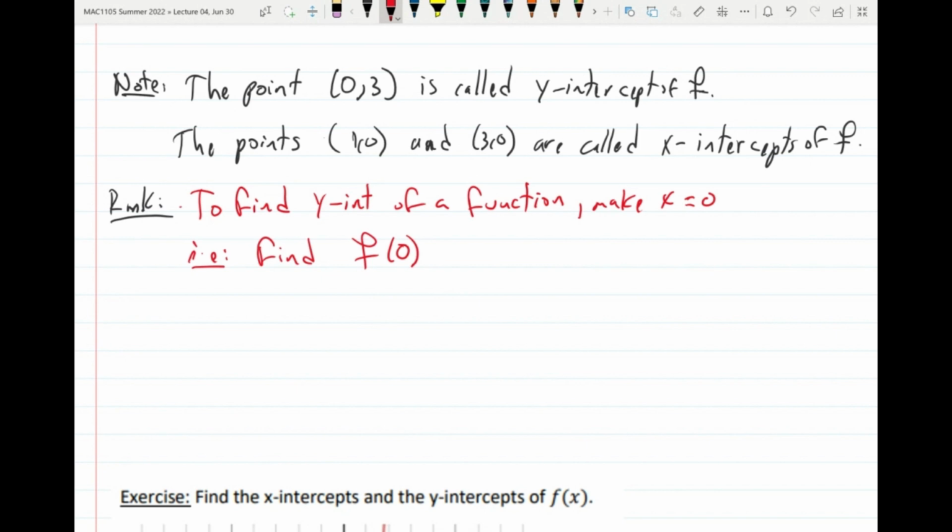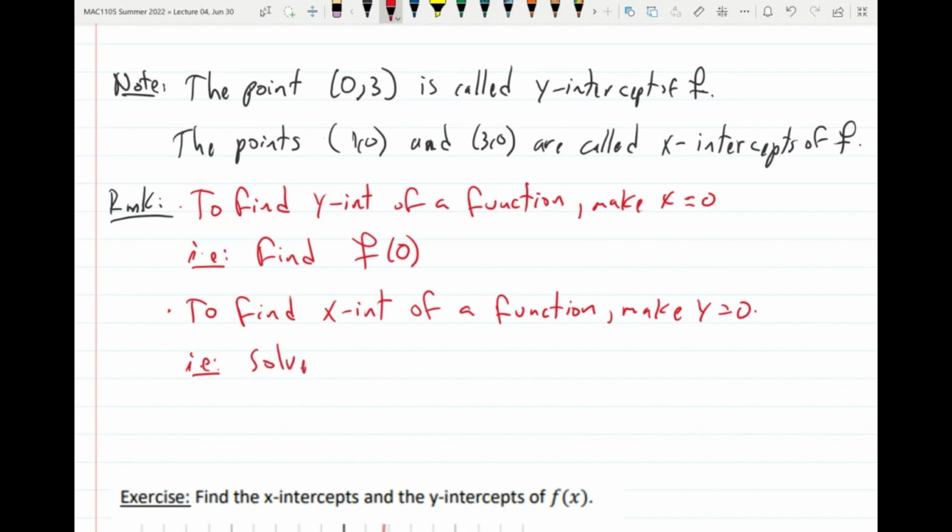And to find the x-intercept, what do we do? We make y equal 0. So in other words, we need to solve the equation f of x equals 0. So to find the y-intercept, plug in 0. Whatever you get, that's your y-intercept. To find the x-intercept, you have to solve this equation.